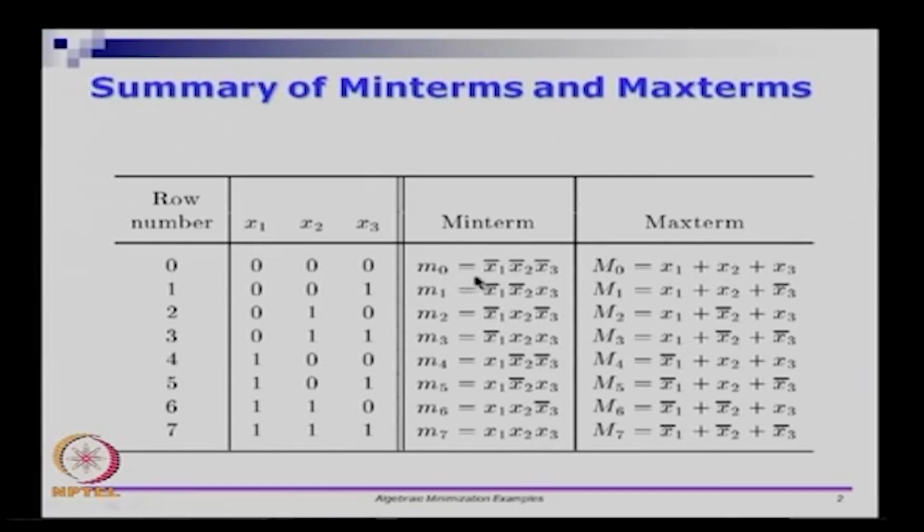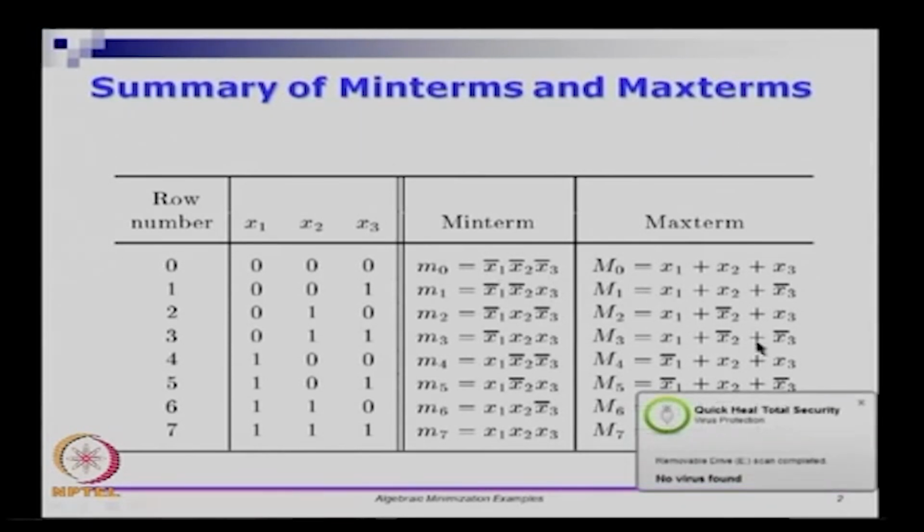One thing you can notice is if you look at the small case m naught and the capital case M naught, the term here is actually the logical complement of the term here. So use De Morgan's theorem: you have x1 or x2 or x3, so the complement of the sums is the product of the complements.